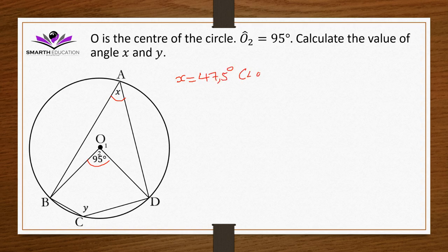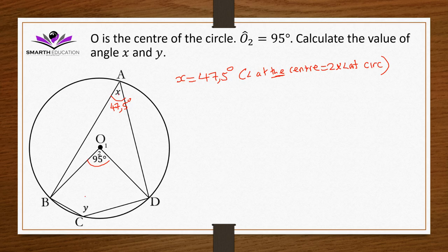Because angle at the center equals 2 times angle at the circumference. Let's write this because we're going to need it for our next question. It's 47.5.